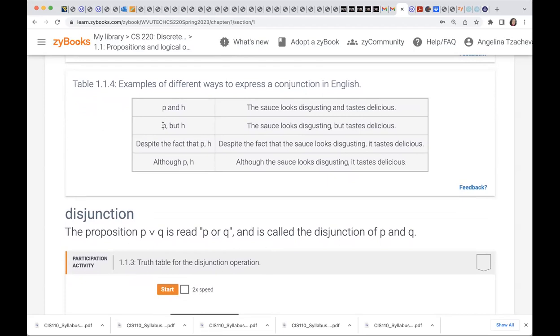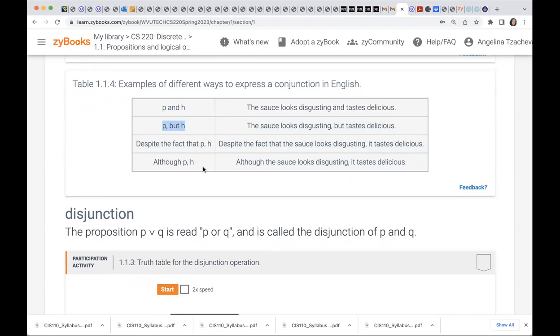So if we're thinking of this logic outside of computer science, let's say just people saying things in the English language, there are other ways to express the AND operator in English. For example, P but Q, P comma Q, and so on.